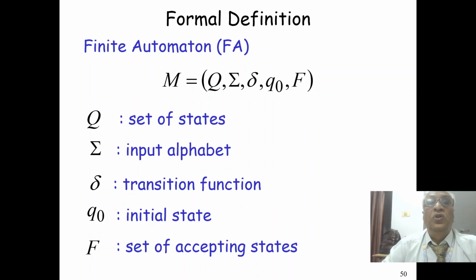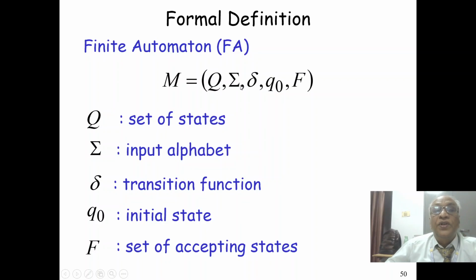So, coming to the definition of finite automata. The formal definition of finite automata, FA, is indicated by M. And M is a 5-tuple entity. How many tuples are there? 1, 2, 3, 4, 5 tuple entity. What are those tuples?